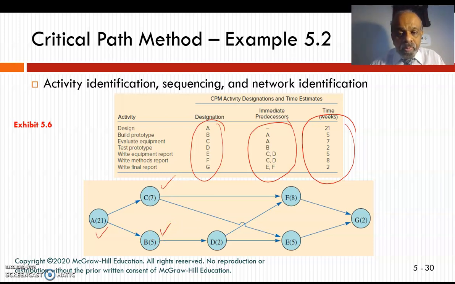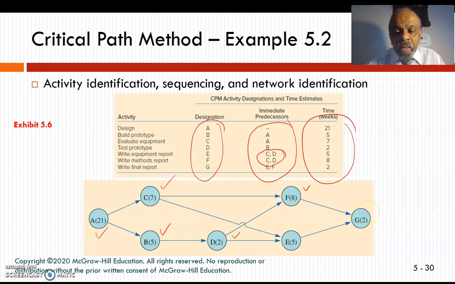Okay? D can be done after finishing B, and it is going to take 2 weeks. F can be done after completing C and D, and it is going to take 8 weeks. E can be done after completing C and D, and it is going to take 5 weeks. And that is denoted here.